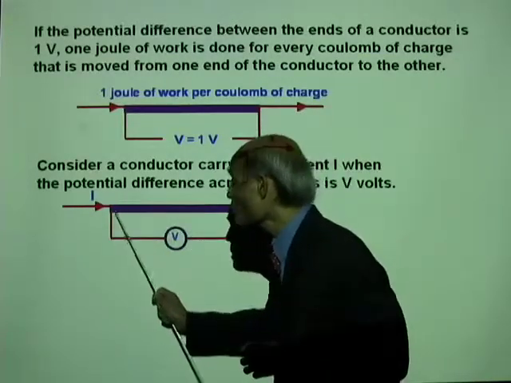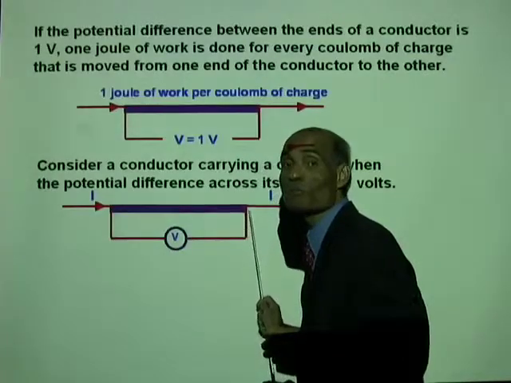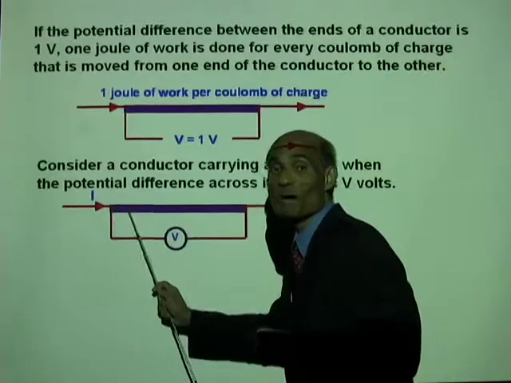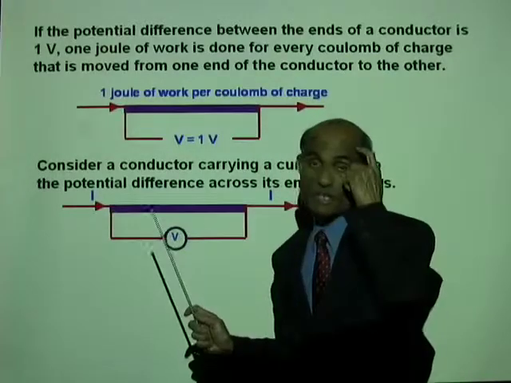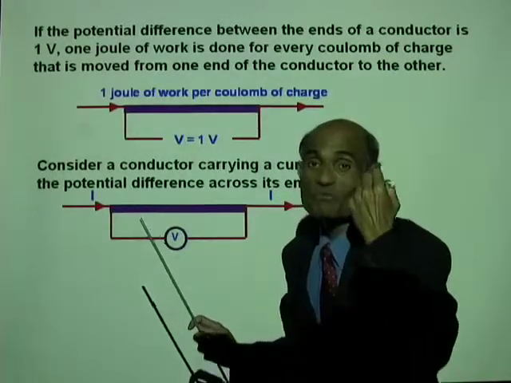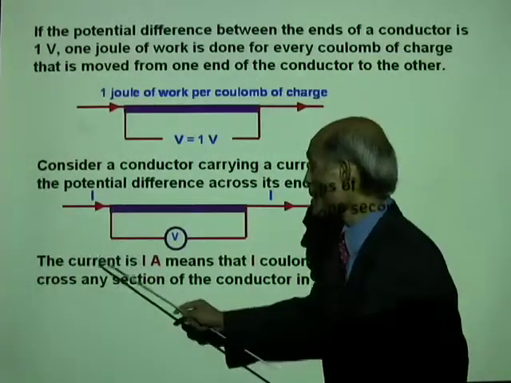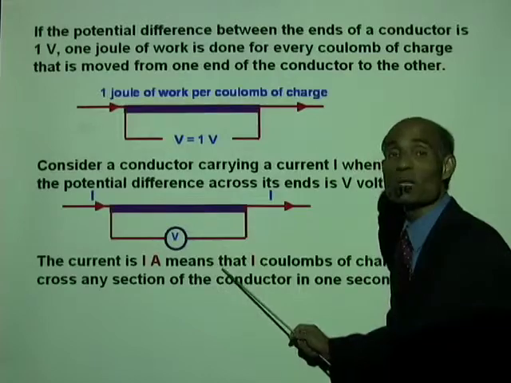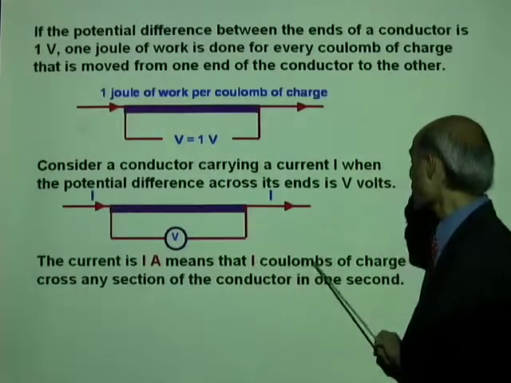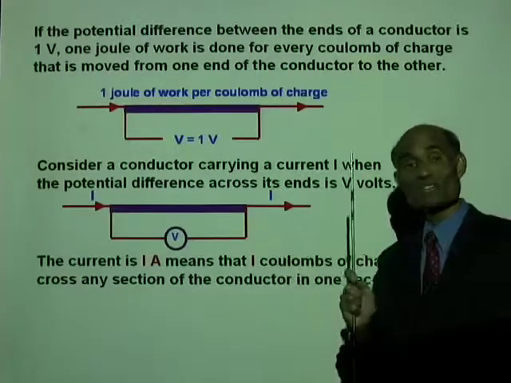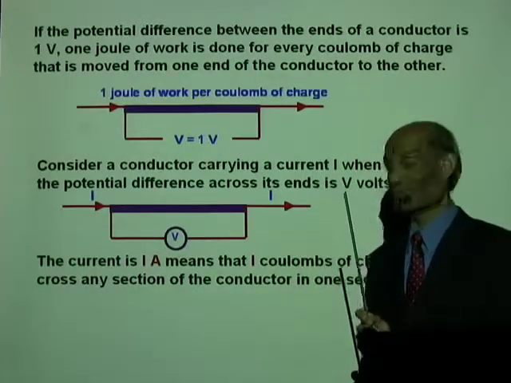Alright? And the potential difference is V volt, means for each coulomb that passed from one end to the other, the work done is V joules. That's the meaning there. The current is I ampere means that I coulombs of charge cross any section of the conductor in 1 second.